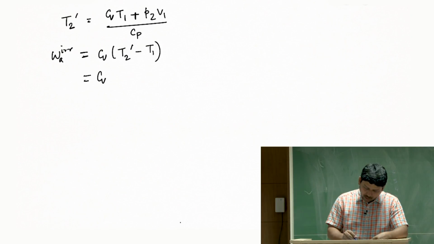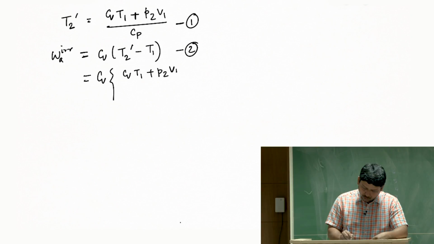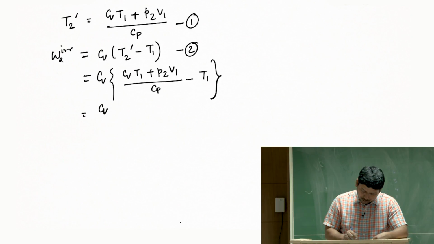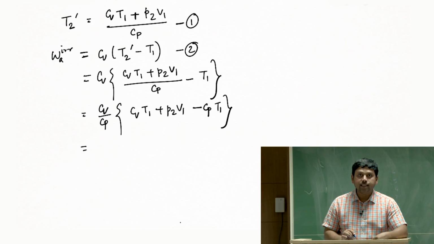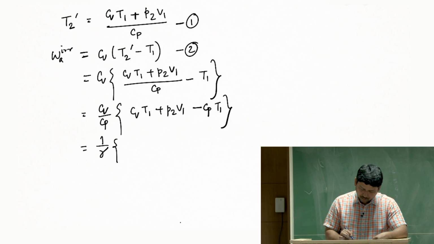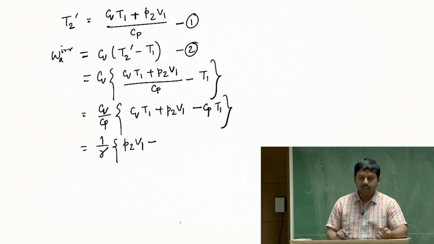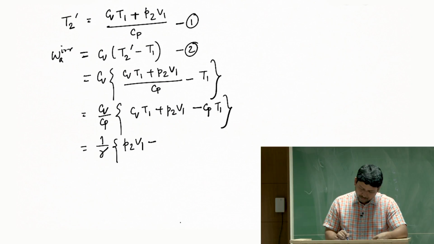I will put equation 1 in equation 2 and write Cv (Cv T1 plus P2 V1) by Cp minus T1 Cv by Cp, which is Cv T1 plus P2 V1 minus Cp T1, and Cv by Cp will be 1 by gamma, and we will get P2 V1 minus, and we know Cp minus Cv is nR, so we will get nR T1.